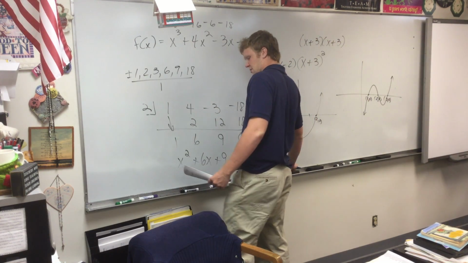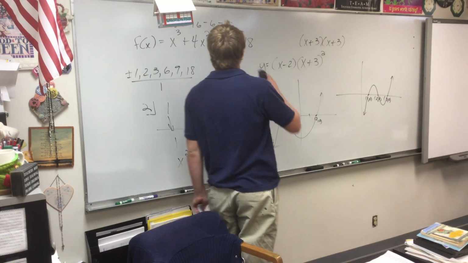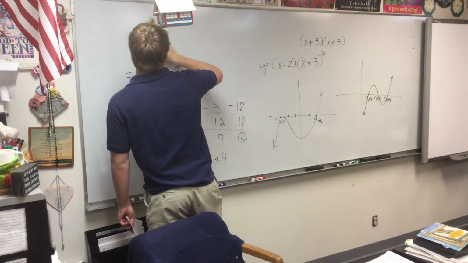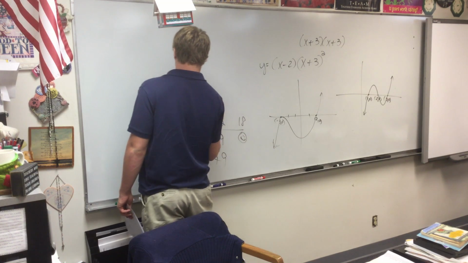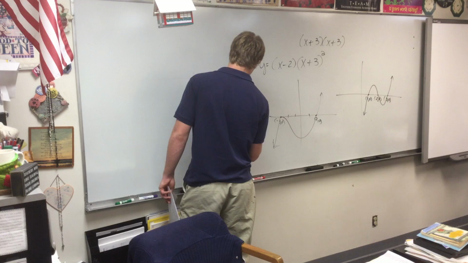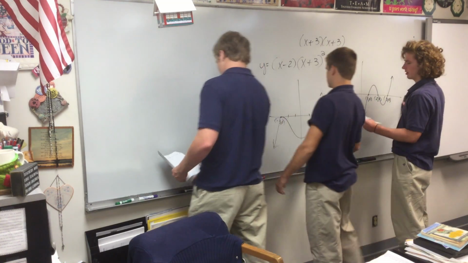Which one are we doing? It would be the same number that you plugged in or the same number you would grab. So if you're plotting 2, then you know your factor is x minus 2.